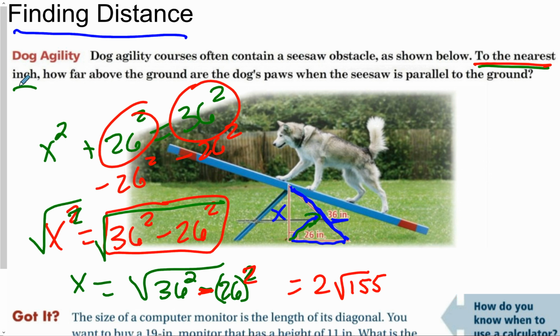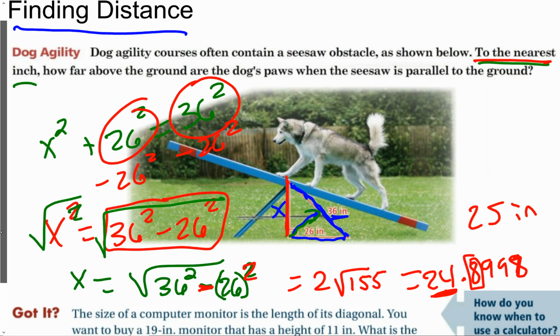So I can press my SD button, which switches it to decimals, and I get 24.8997 and a 9 after that. Really this would be an 8 if I rounded there, but it asks for the nearest inch. The nearest inch is right here, and because this is more than 5, it's going to be 25. So 25 inches. That's how much this distance is right here.